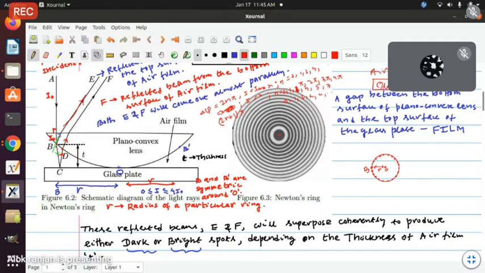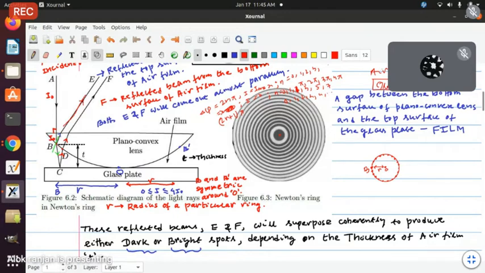So you can see from this schematic diagram the approximate extra path traveled by beam F compared to E is this much. The distance traveled by beam F through this air film is twice the thickness, since it is at 90 degrees and the surface is very close to flat. So everything is a small angle.